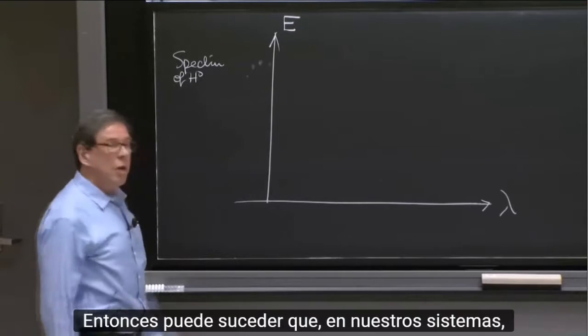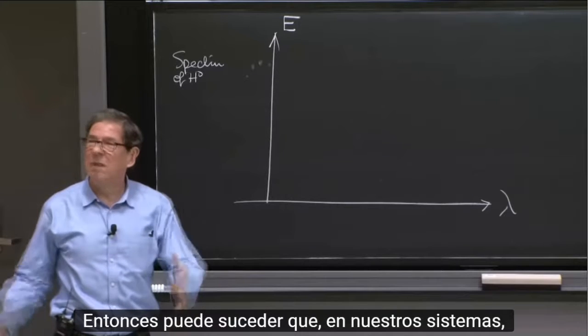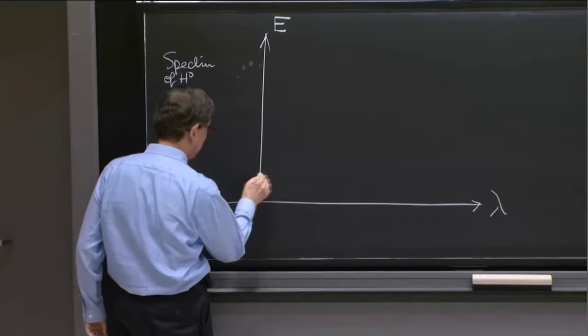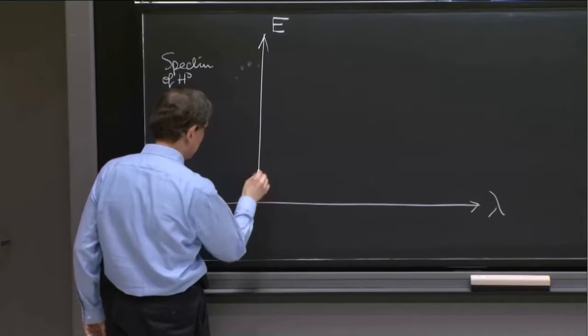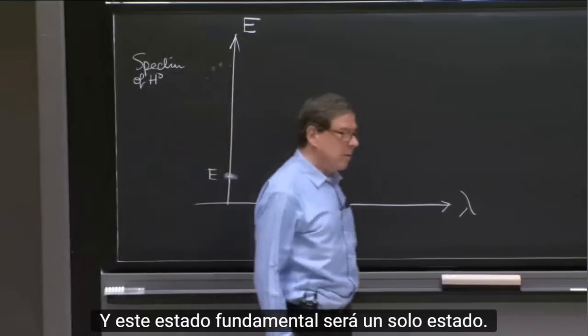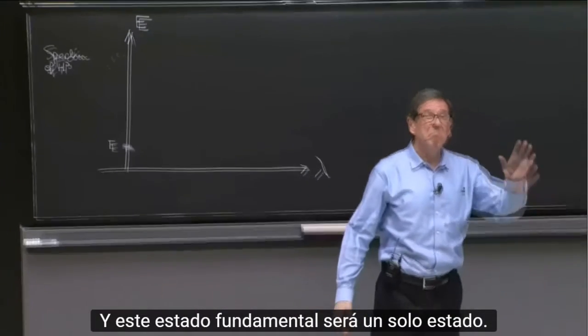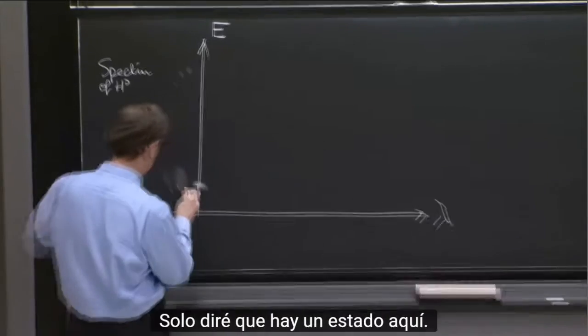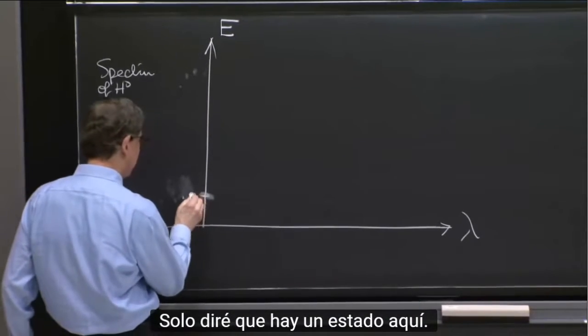So it may happen that in our systems there's a ground state. And this ground state is going to be a single state. I will not put a name into it. I will just say there is one state here.